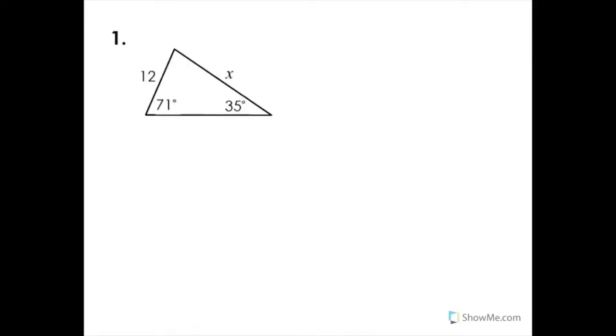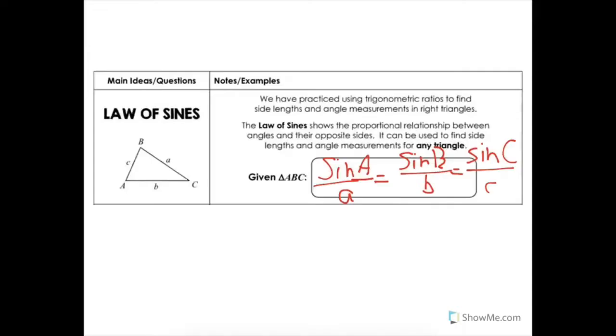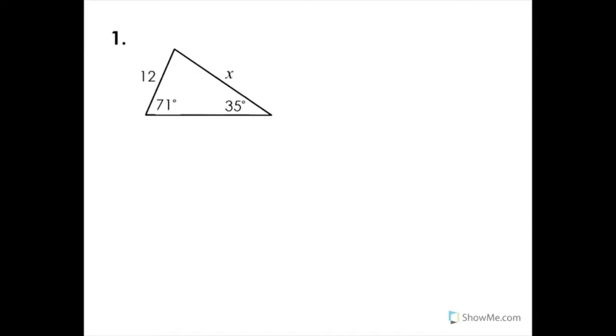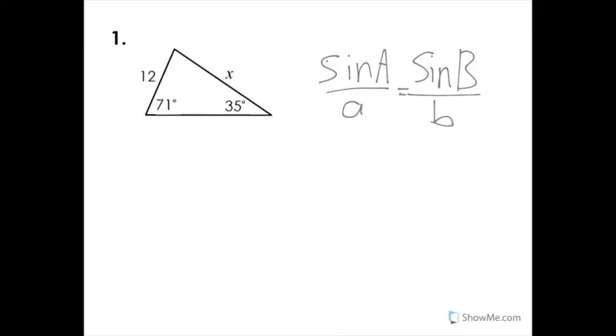So when using the law of sines, on this page we had 3 different fractions. But in any type of problem, you really only need 2 fractions because it's going to be a proportion that you'll solve. So you only need that much of the formula for any type of problem.